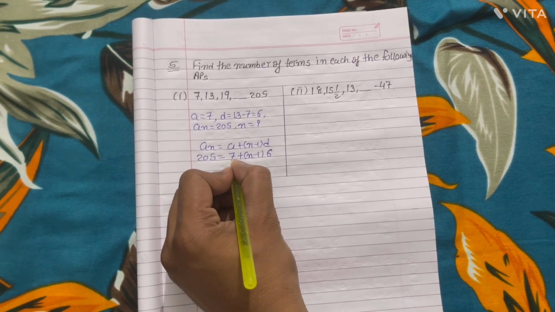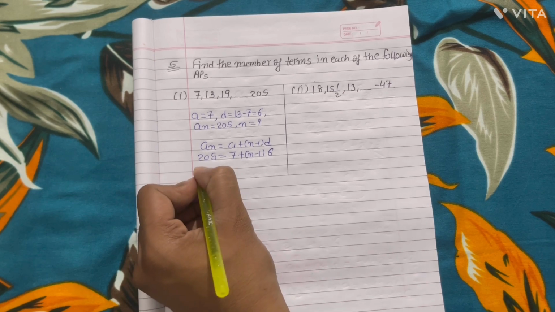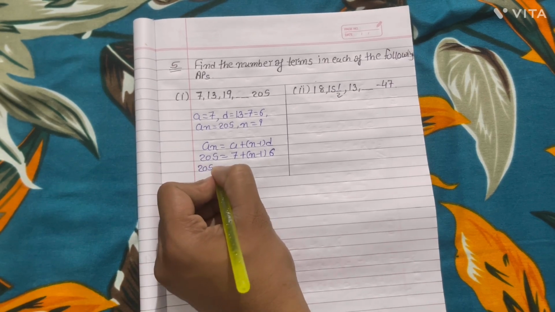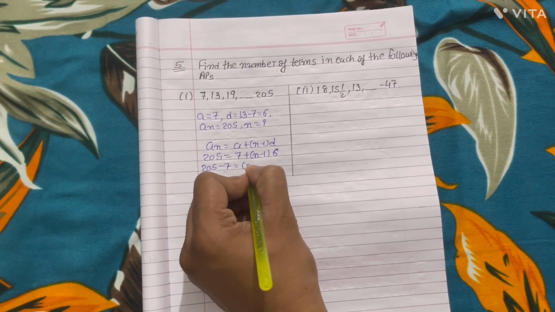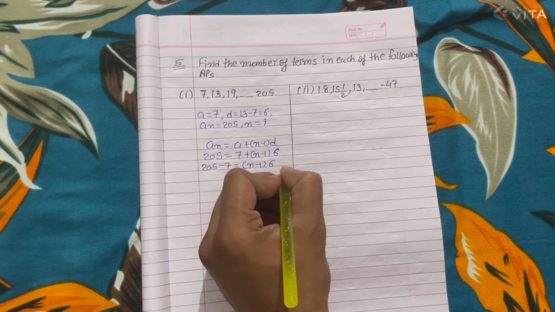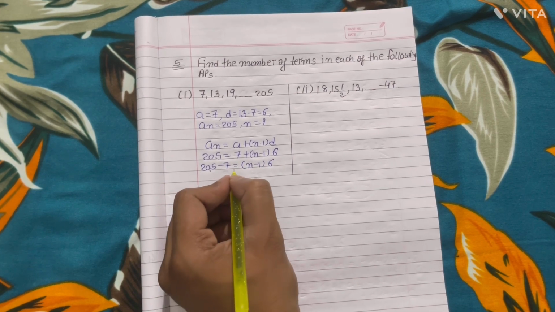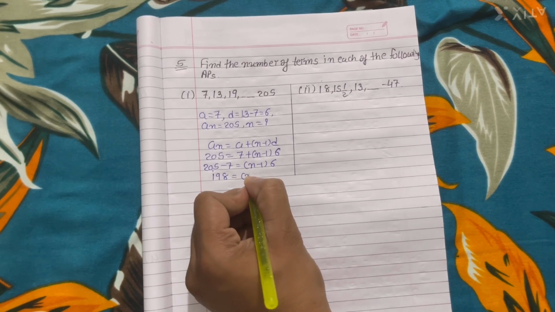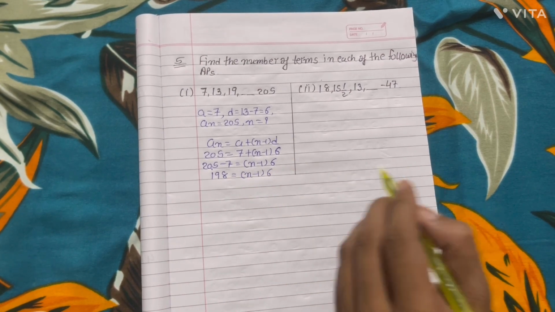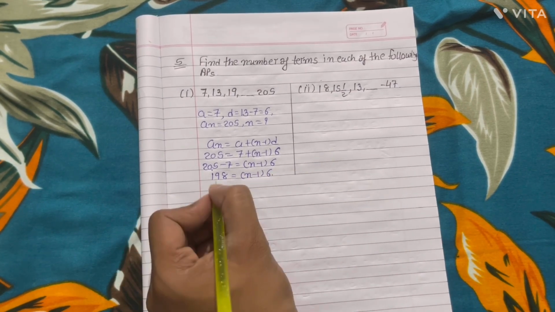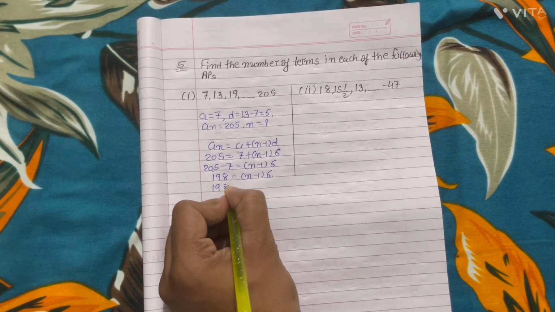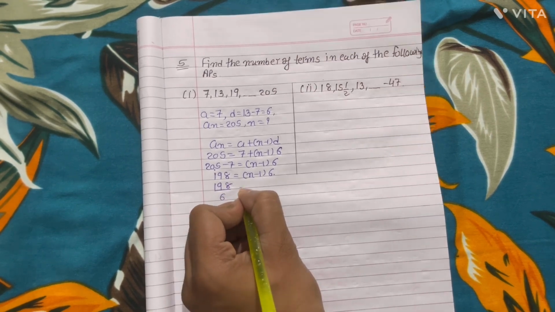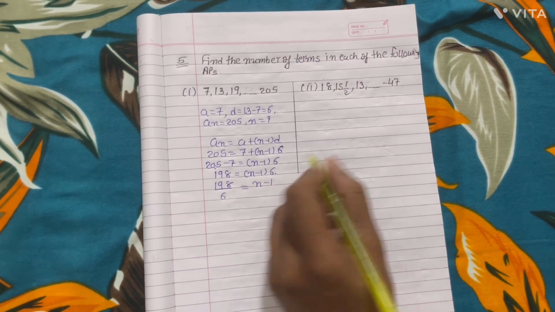Plus 7 goes to this side, so 205 minus 7 is equal to n minus 1 into 6. 205 minus 7, it means 198 is equal to n minus 1 into 6. 6 goes to the denominator, so we get 198 by 6 equal to n minus 1.